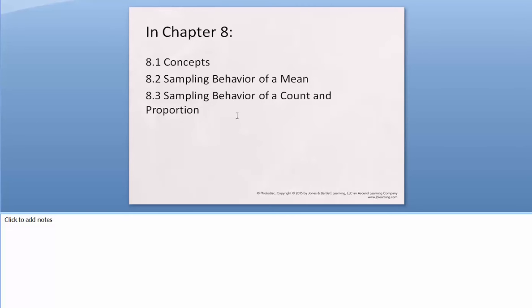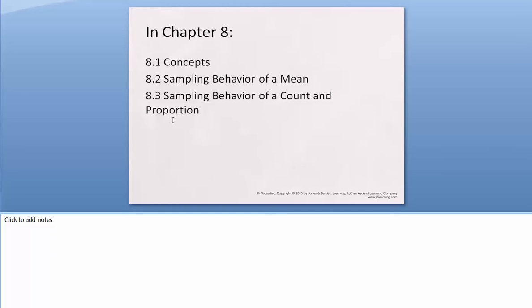So in this chapter in your textbook, 8.1 covers concepts, 8.2 sampling behavior of a mean, meaning sample mean, like x bar, and then sampling behavior of a count and a proportion. Count deals with the number of successes in a binomial situation, and along with the count comes the proportion.